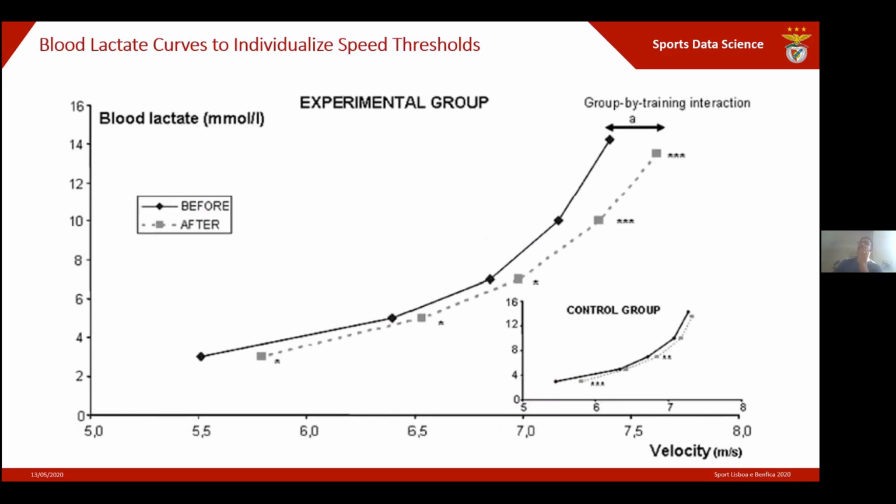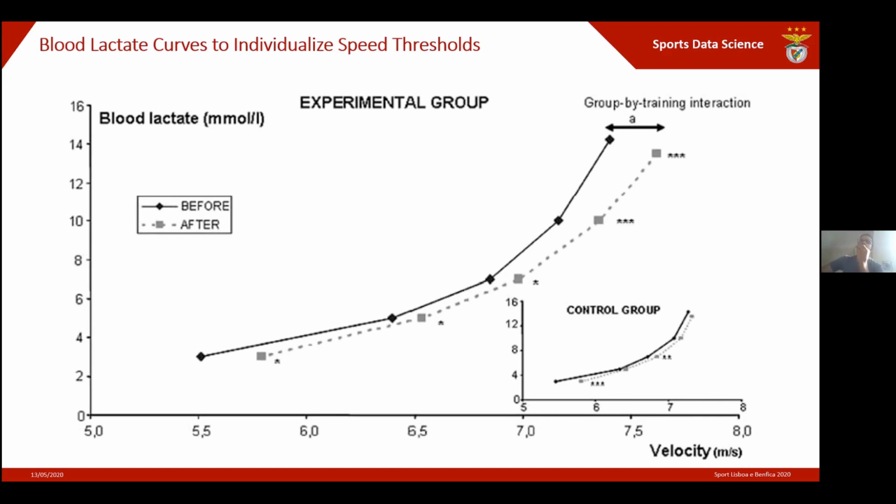It's important because when a player is operating at different velocities, whether it's low, medium, or high, the lactate that their muscles are producing changes depending on the efficiency or the fitness of this player.